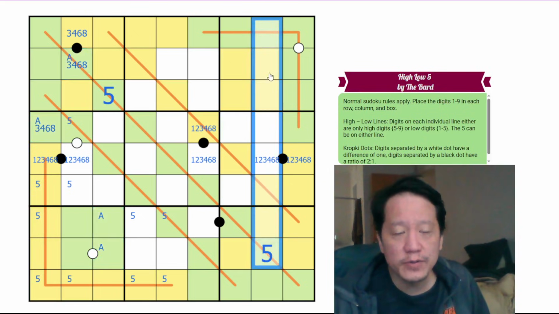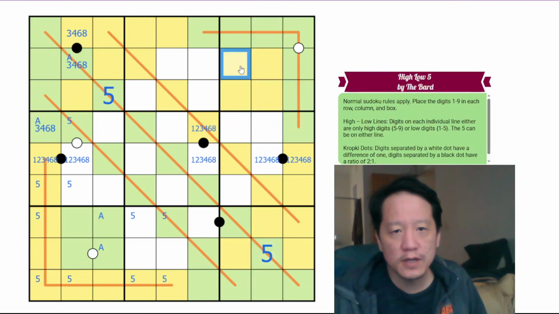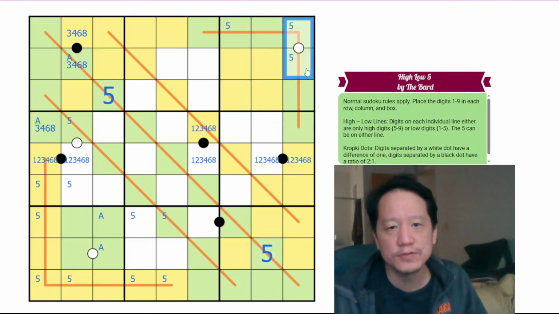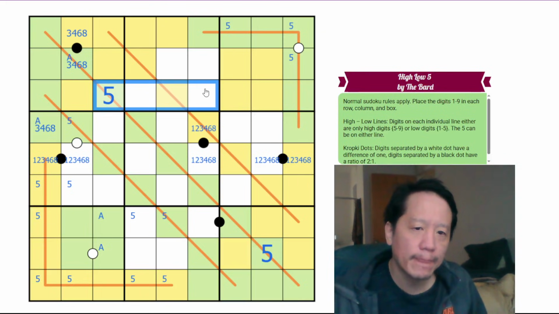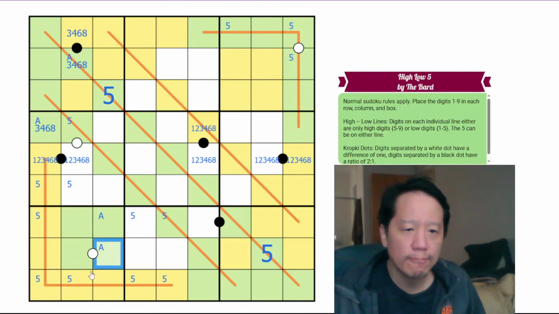So 5 cannot be here or here in box 3. Can't be here, so it's one of these 3. Cannot be here. Does this tell us anything? Not particularly.